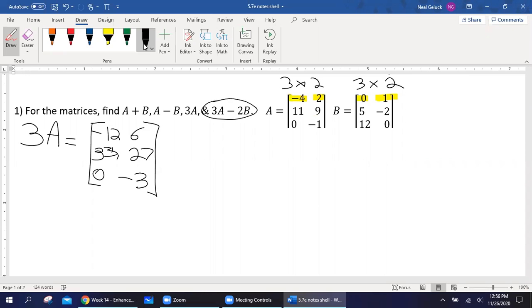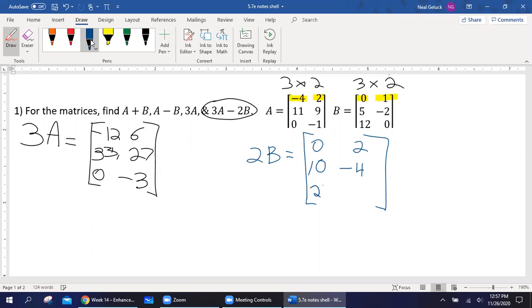The last thing it wants is 3A minus 2B. So I need to scalar multiply matrix B by 2. I'm going to do that off to the side here. Even though it didn't explicitly ask for that, it'd be easiest just to write that out. So 2 times B, just multiply everything by 2. Now I can do 3A minus 2B.